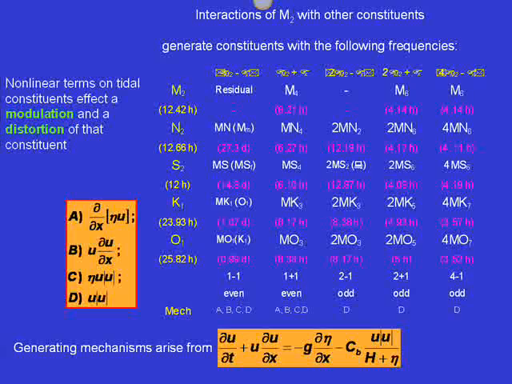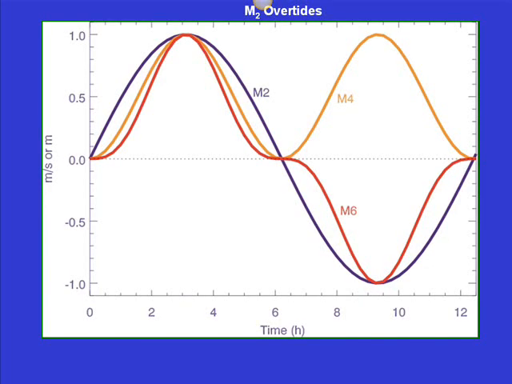Going back again, if you look at the D mechanism and substitute U as cosine of M2 times time in this expression, you get that red line. And you can do it just so that you understand it and you believe it.